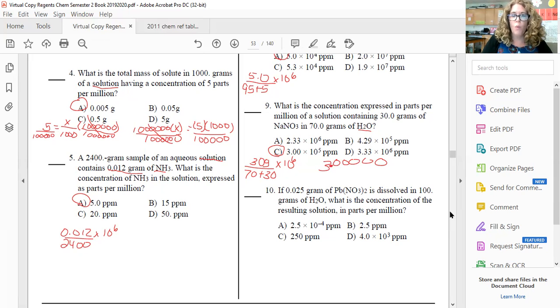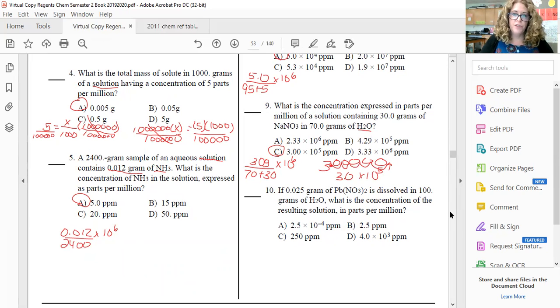And now I have to figure out where the end of this large number is, so I figure out how many hops from here to here. That's 1, 2, 3, 4, 5 hops. So that's 3.0 times 10 to the power 5. And it's a positive 5 because I hopped to the right. If you hop to the left, you get yourself a negative exponent.